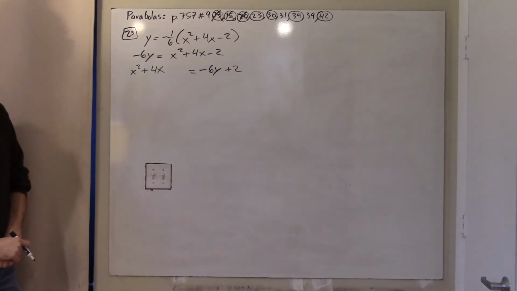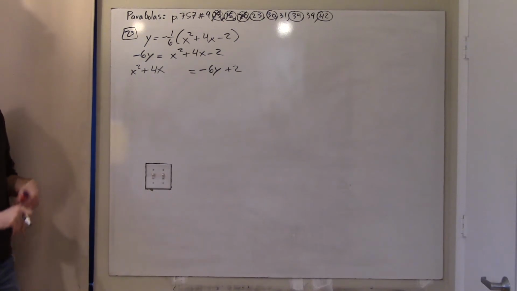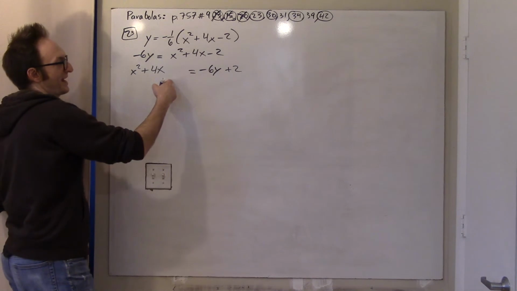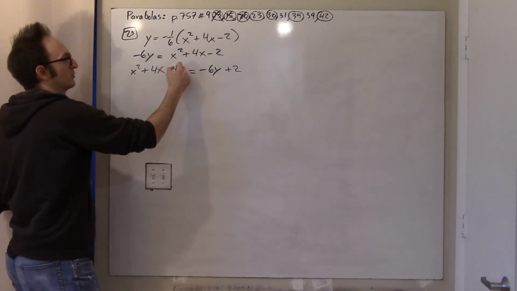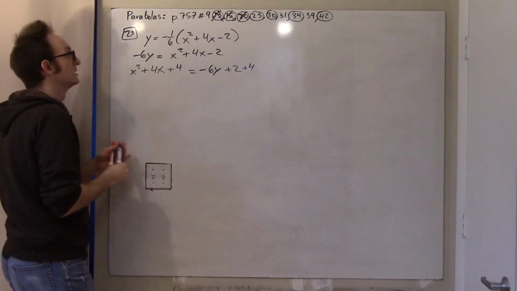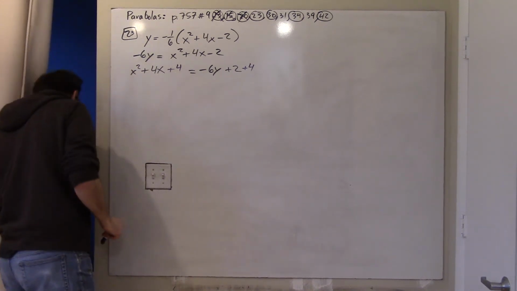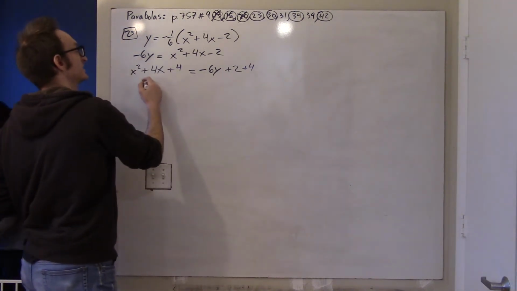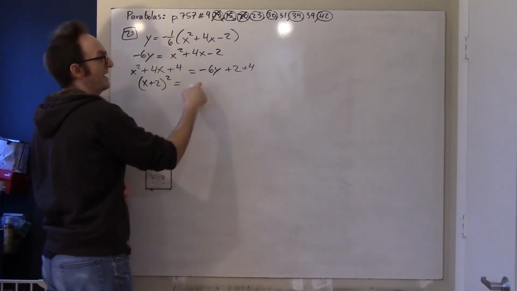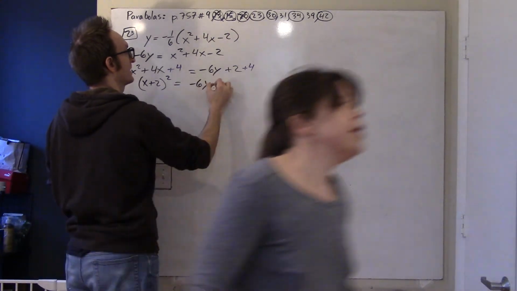All right, great. Now this is just kind of like a normal problem, and by that I mean I need to complete the square. So I add 4 to both sides here, and that gives me (x plus 2) squared equals -6y plus 6.